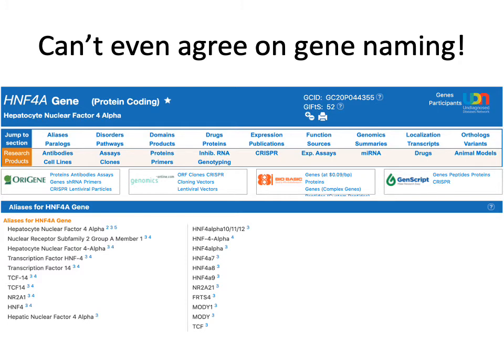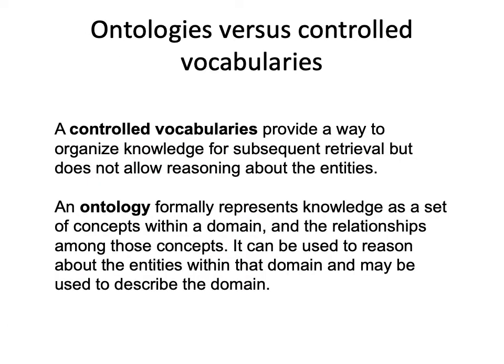And so the point here is that coming up with a consistent naming scheme that everybody agrees on and everybody uses in order to store and retrieve information about gene function and things like this is very challenging. So there are two common approaches to dealing with the issue of naming, one of which is called controlled vocabularies.